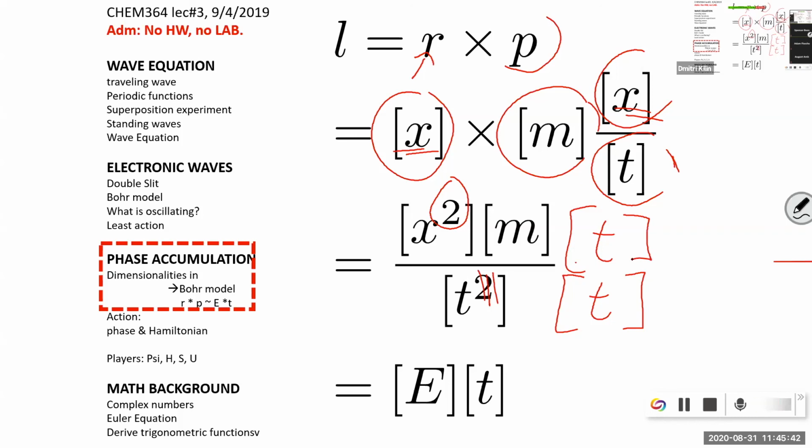Do you follow? If I multiply and divide by time, it will be x squared divided by t squared times mass multiplied by time. And x squared over t squared times mass is like mv squared, which is kinetic energy. So energy times time. It is a very interesting observation that the units of angular momentum, which is how quickly the angle is accumulated, how quickly a rotating object is rotating, are the same as energy times time.